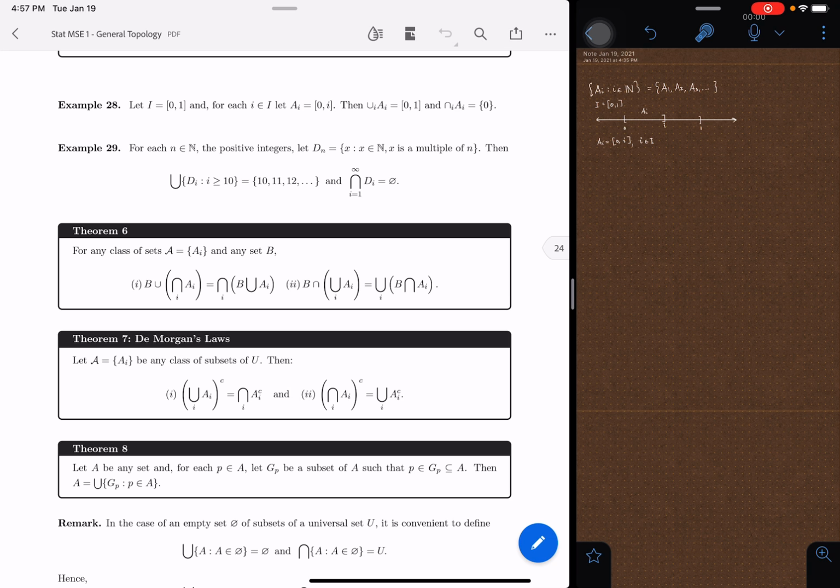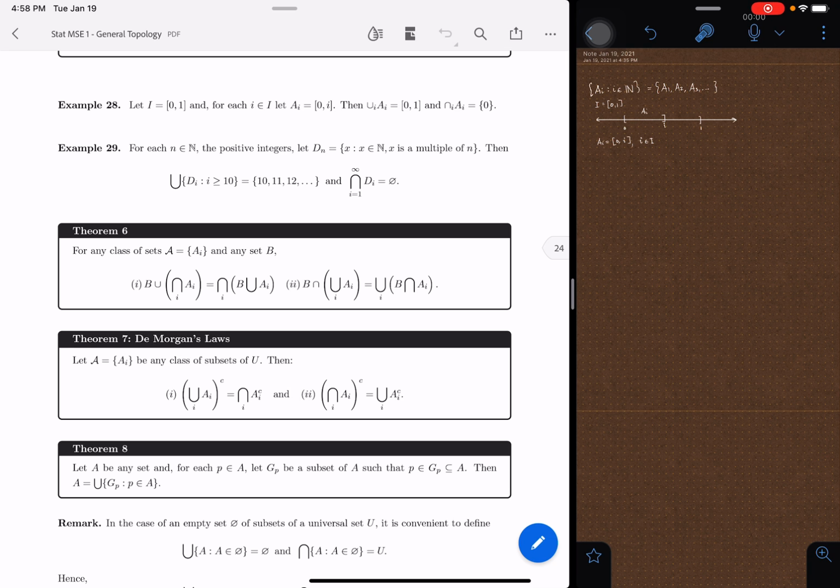Another example, if D sub n is the set of all multiples of n, where n is any natural number, then the union of all D sub i for i greater than or equal to 10 will be the set of positive numbers from 10 to infinity.